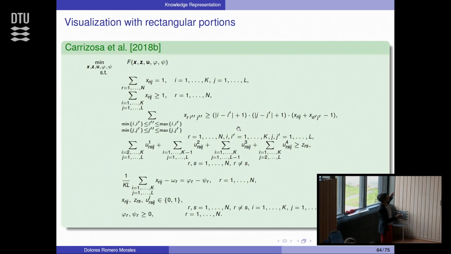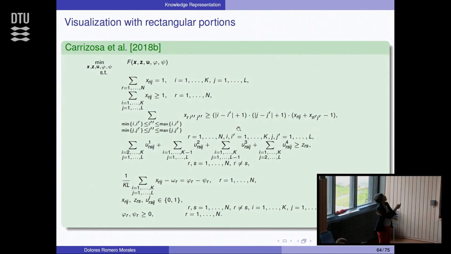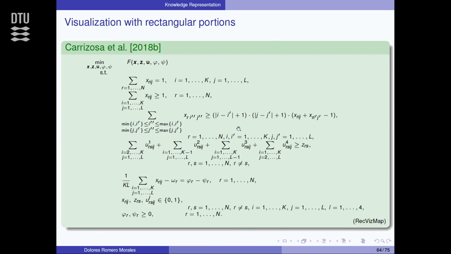And apologies for this, it's a little bit of a long formulation, but what you are trying to do is, we had a grid, and for each of the cells in the grid, we were trying to decide which of the provinces of the Netherlands it would belong to. And then we are trying to represent as accurately as possible the areas.